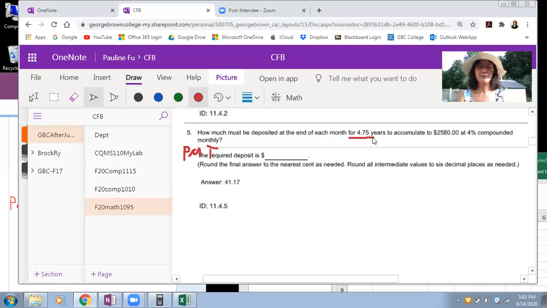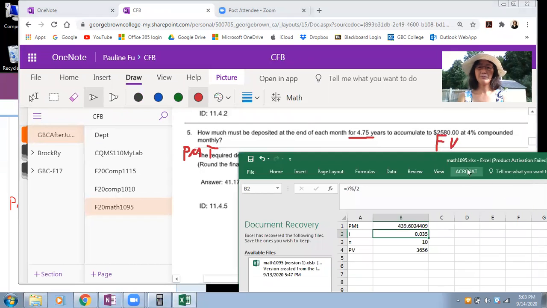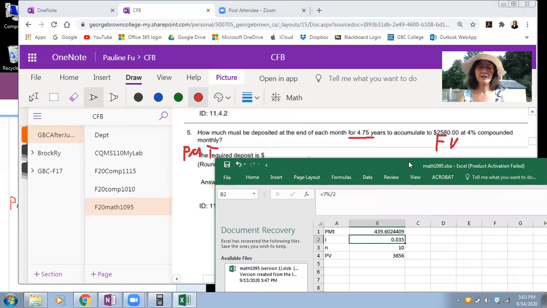Okay. To accumulate. So this one is future value, 2,580, and 4% is interest. This time I'm going to use Excel because I just built a little template here. Okay, so the question asks you, I will delete this part here.